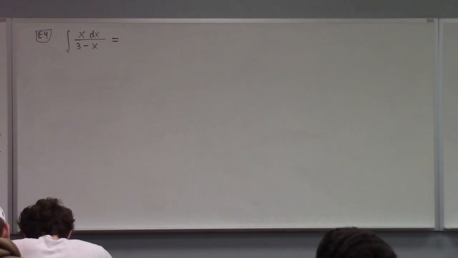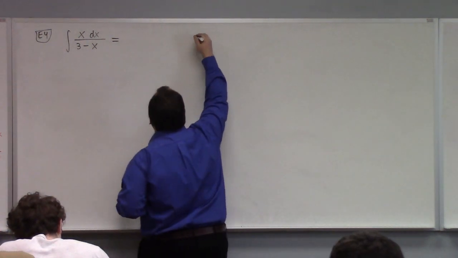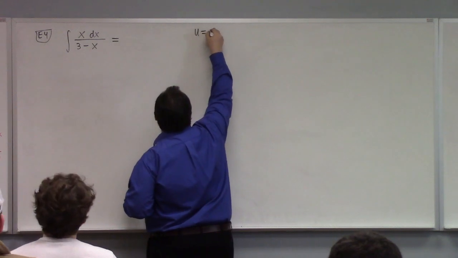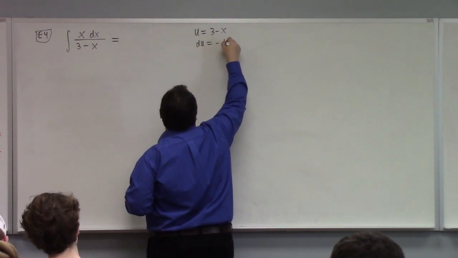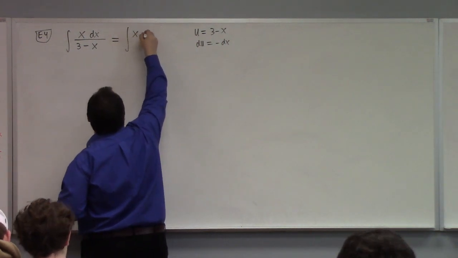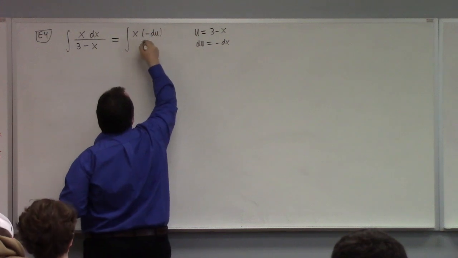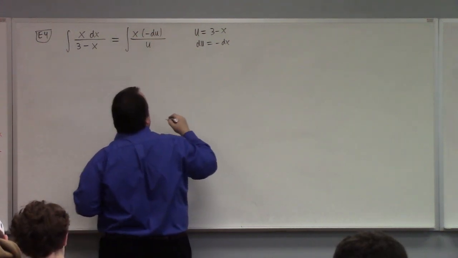Make u equal to 3 minus x. That sounds like a good idea. Let's see if that helps. If we let u equal 3 minus x, then du is minus dx. And so we've got the integral of x times minus du divided by u, right?